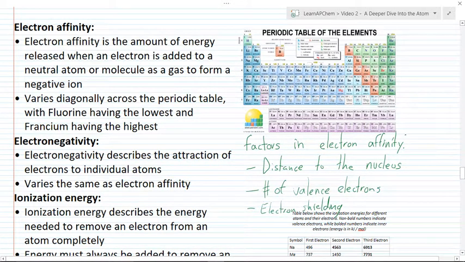So fluorine has a very high electronegativity, and it also has a very low electron affinity. Meaning that it's not releasing a ton of energy when we add an electron to it, but it's also attracting electrons to it a lot. So those two sort of go hand in hand, and their trend is the same, sort of going this way.